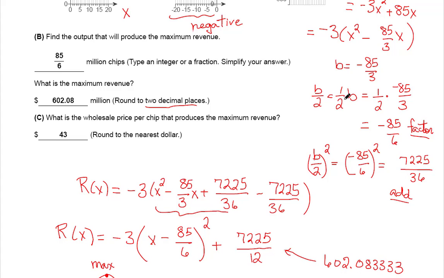So I get minus 85 over 6. That's going to be my factoring number. I need to square it, and I get 7225 over 336. What a mess, you're thinking.